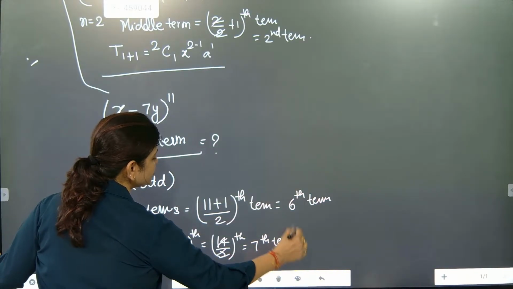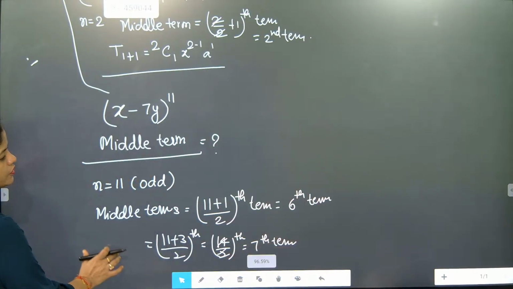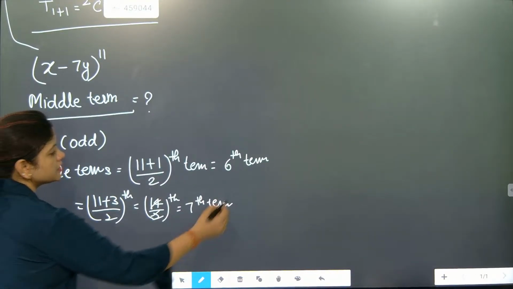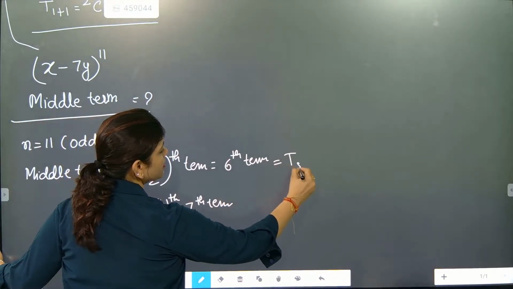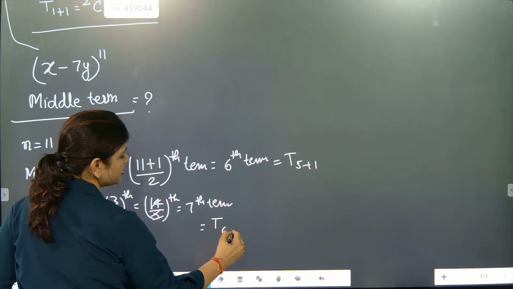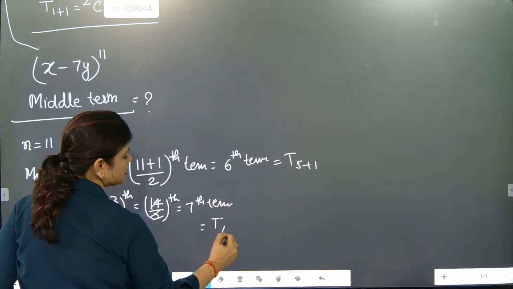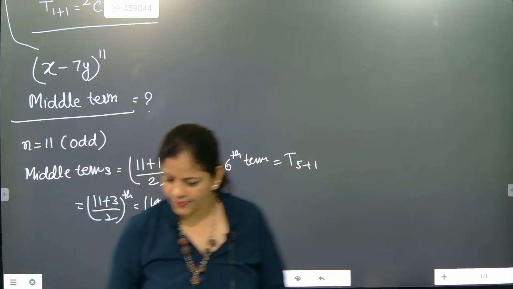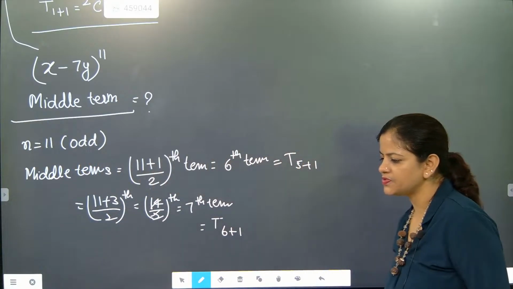So when you write the 6th term and 7th term, how do you do proper justification? The 6th term will become T 5 plus 1. The 7th term will become T 6 plus 1. Like this you need to write. Absolutely, two middle terms. Absolutely correct.